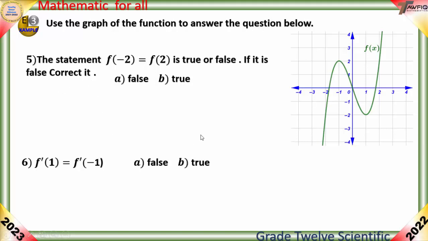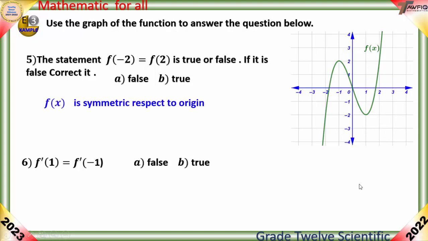As you can see, this function is symmetric with respect to the origin, because the part of the graph in the third quadrant is the same as the graph in the first quadrant, and the part of the graph in the second quadrant is the same as the graph of the function in the fourth quadrant.